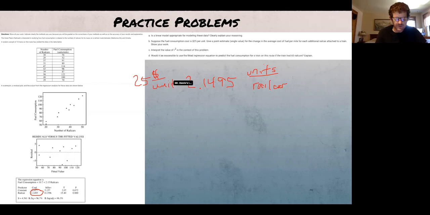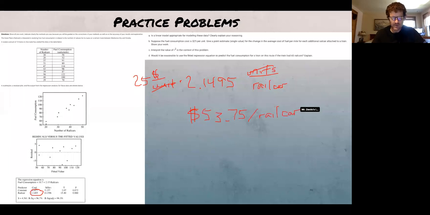If I multiply those together, that cancels out, and we've got 25 times 2.15, which is about $53.75 for every additional rail car. But that's entirely dependent on the slope, nothing else.